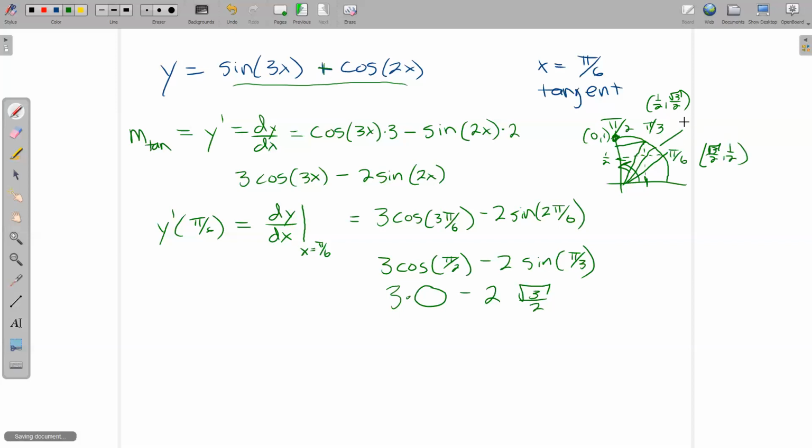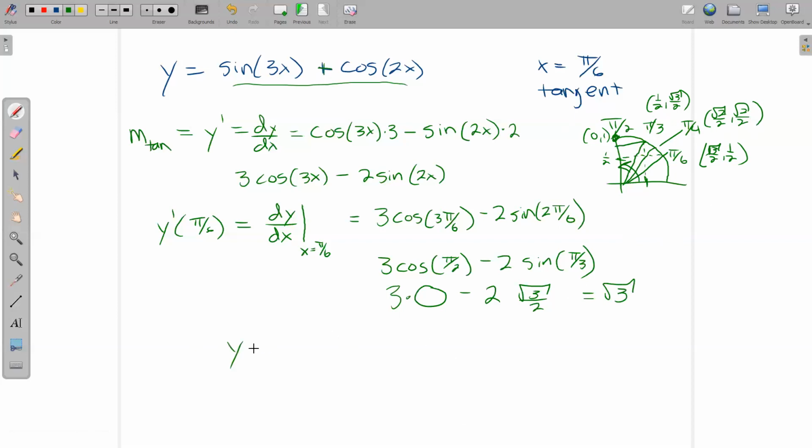And then at pi over 4 in the middle, hopefully you remember that's the point square root of 2 over 2, square root of 2 over 2. I do hope you remember that from trig, because you can get exact answers here. So I'm getting an exact slope of square root of 3.